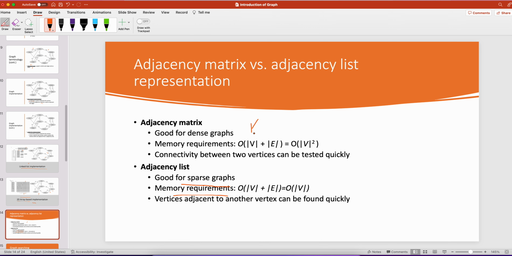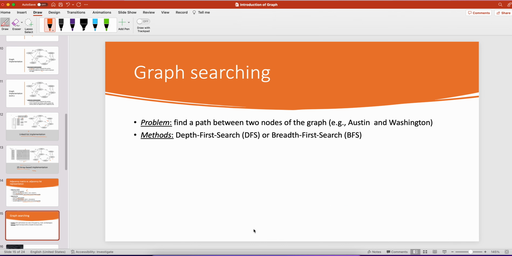But the matrix is good for dense graphs. The memory requirement for the matrix is high. That is easy to understand. And the connection between two vertices can be tested quickly. But for the one-dimension way, it's easy to find another one. It's very quick. So this is how to represent the real world problem.